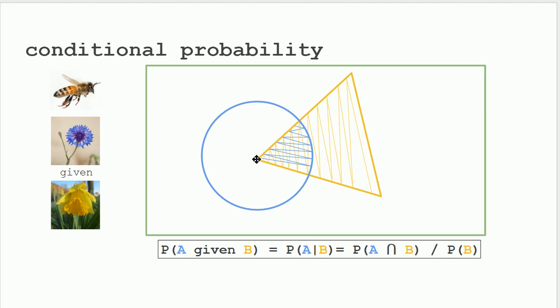Okay, so that is essentially what a conditional probability is. It's assessing the probability of two events with respect to the latter event. So P of A given B is the probability of the intersection of these two events, basically dividing by the probability of just this event by itself.